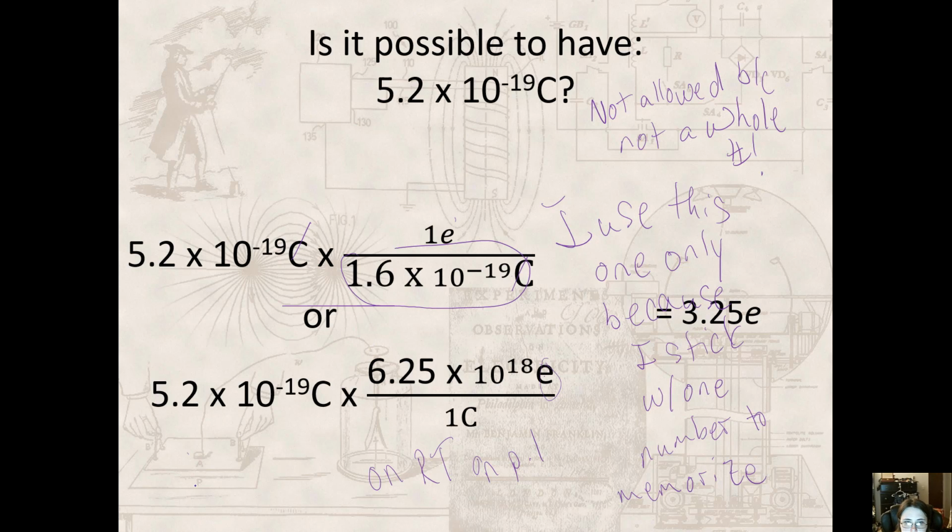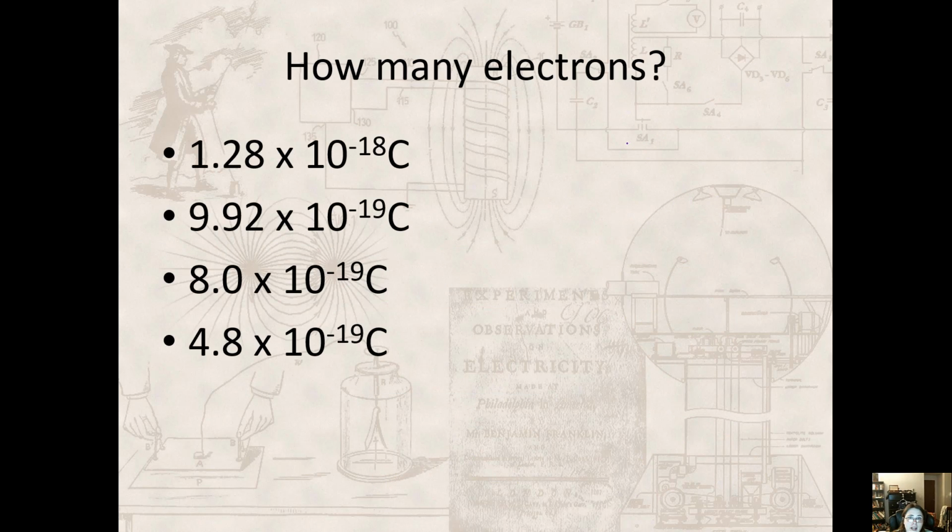Okay, so then, what about this one? How many electrons is this? So we can say 1.28 times 10 to the minus 18th coulombs divided by 1.6 times 10 to the negative 19th coulombs per 1 electron. And this gives you 8 electrons.